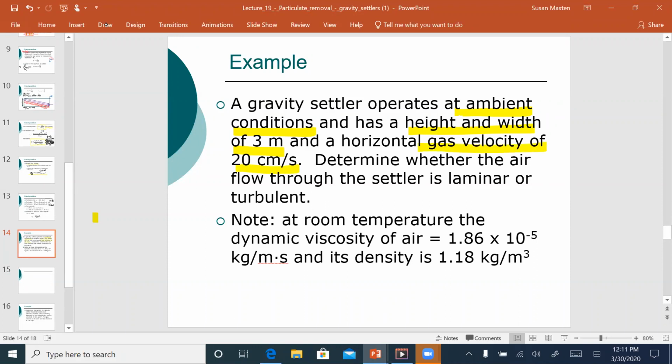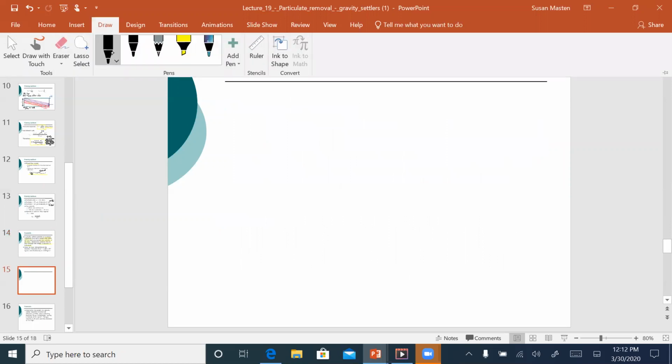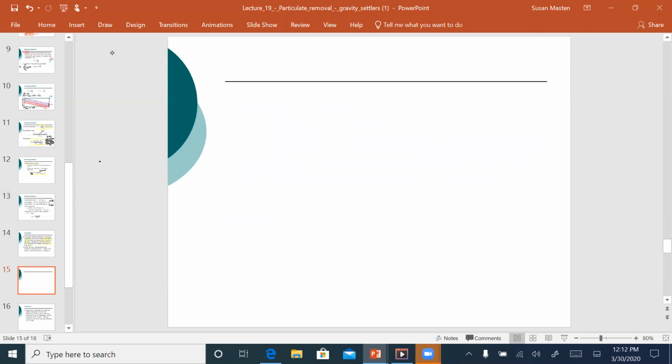First thing we want to do, we're going to determine whether the airflow is laminar or turbulent. So we have a height equal to 3 meters, a width equal to 3 meters, and an average velocity of 20 centimeters per second.